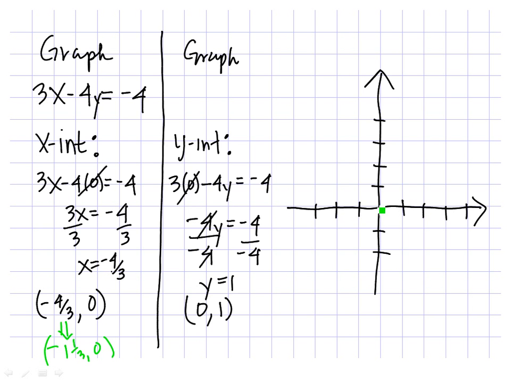You will go to the left to negative 1 and a third of the way. So let's go ahead and plot our point here. Okay. And then we need to plot 0, 1. Where's 0, 1? Let's say this is 1. So let's go plot here. And we will draw a line, and there you go.